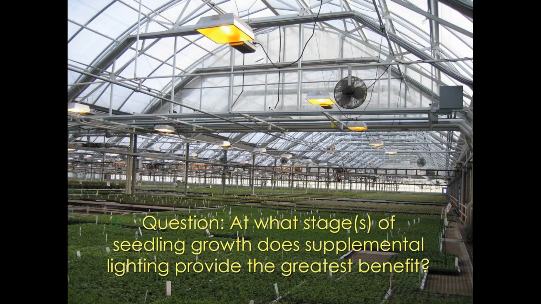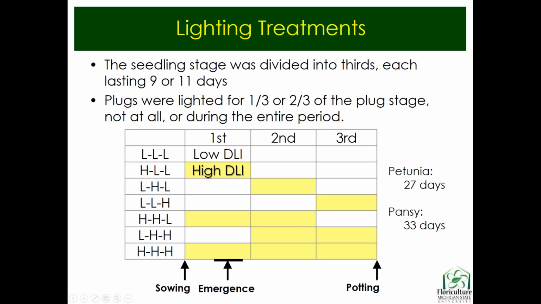So a question is, let's say that you are interested in providing supplemental light, but you don't have the capital to install supplemental lighting in your entire greenhouse. Are there any benefits of providing supplemental lighting at different stages during that plug production? This is a study that one of my colleagues, Eric Runkle here at Michigan State, conducted. Basically, they divided the seedling stage into thirds. Depending on the species, they lasted either 9 or 11 days.